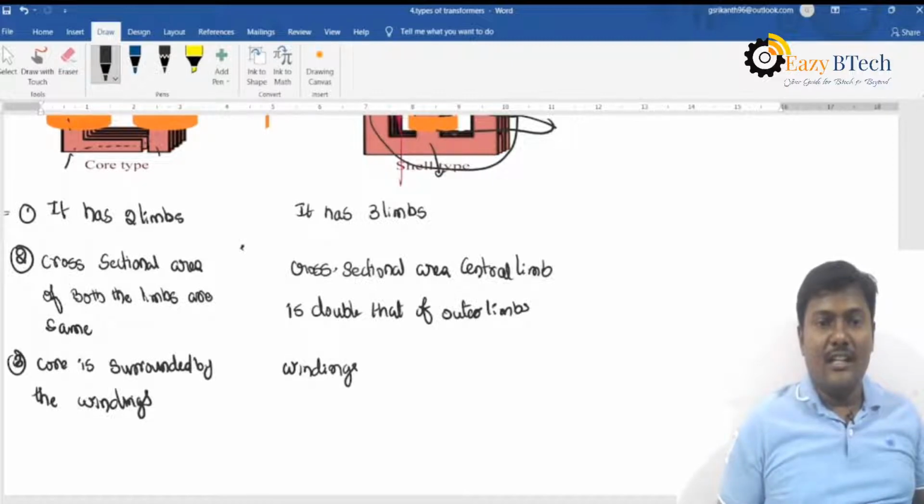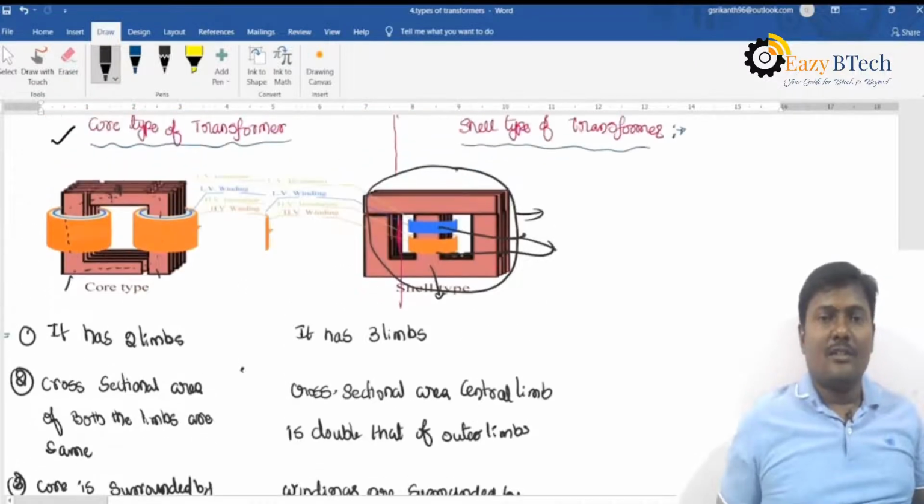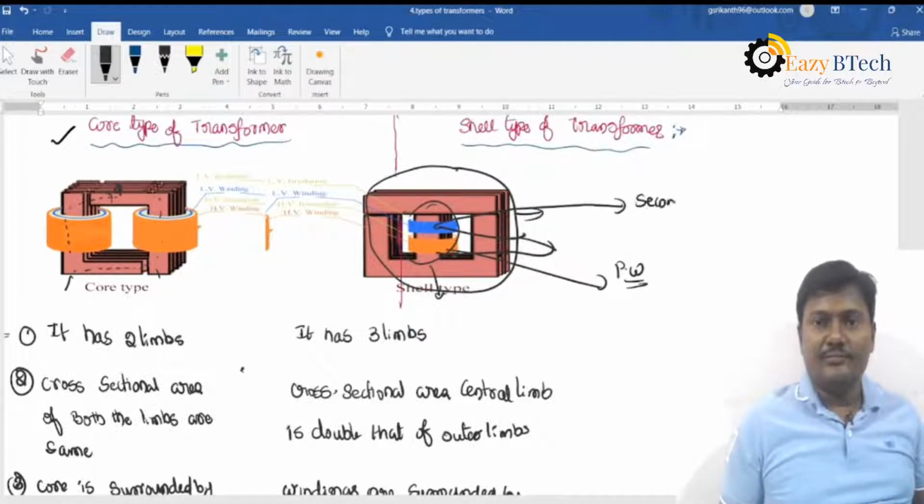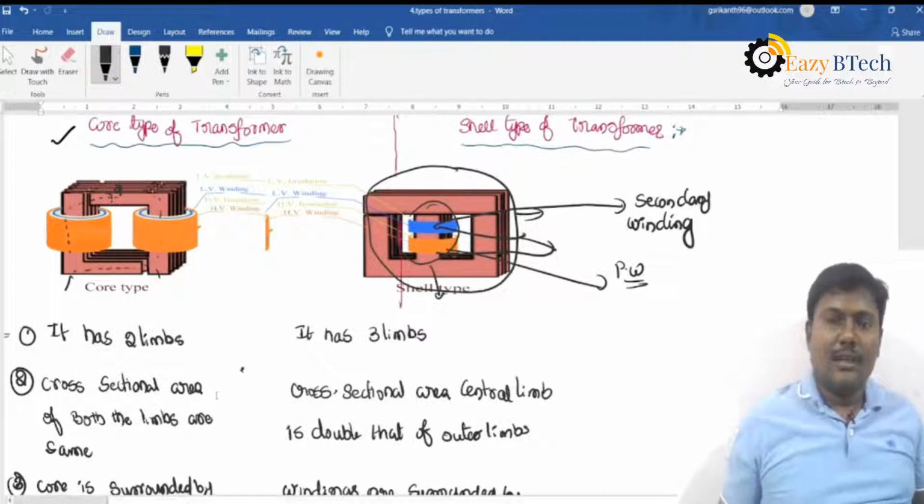That means the windings are surrounded by the core. So if you observe, the windings will be inside. This is the primary winding and this one is the secondary winding. Both the windings are wound on the central limb.